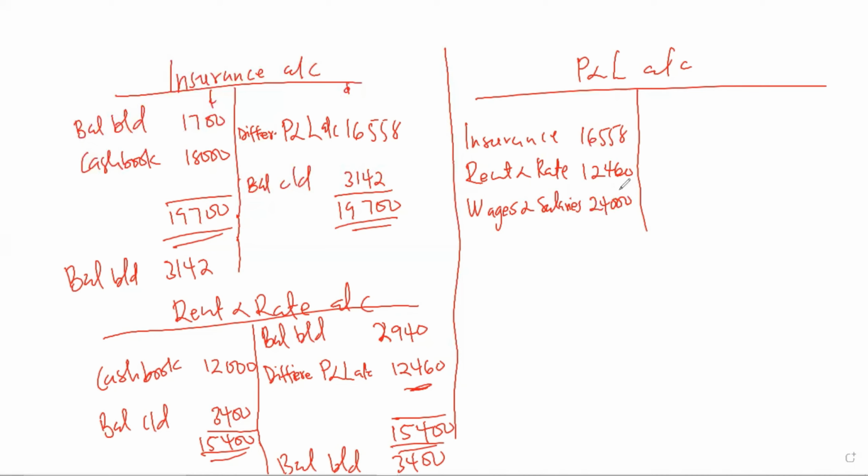Simple. But if we had wages and salaries owing or wages and salaries prepaid, then there would be a need for adjustment. If there is nothing like that, then we write the same amount that has been paid for that particular period.